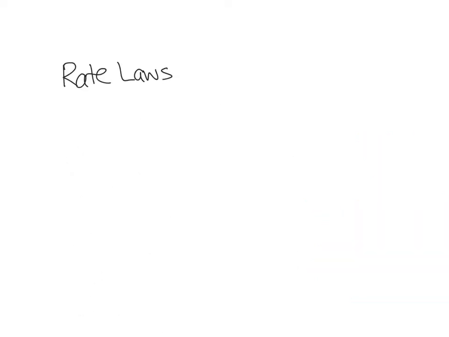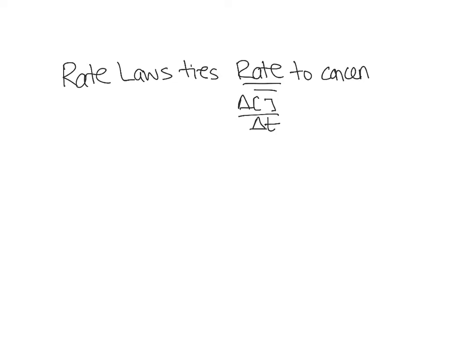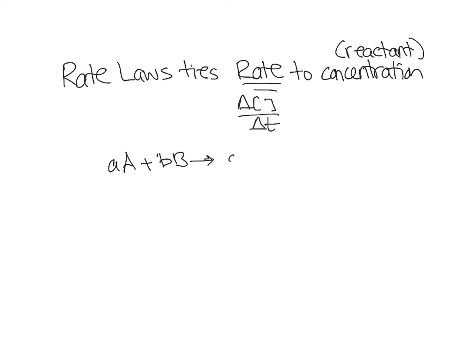So all a rate law does is it ties reaction rate, so that delta concentration over delta time, to concentration. And generally when we're saying concentration, it's reactant concentration. So in my favorite chemical reaction, A plus B makes C plus D, a rate law would have this constant called K, and that K is there for proportionality.